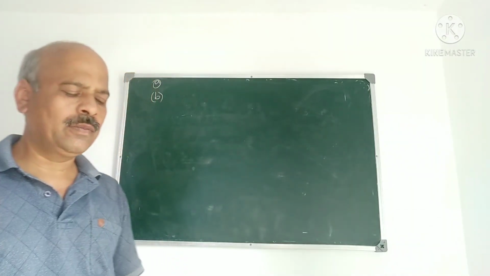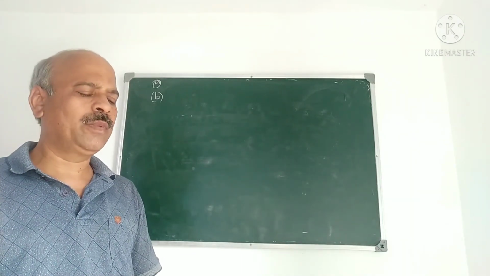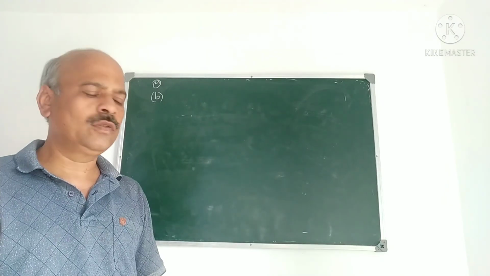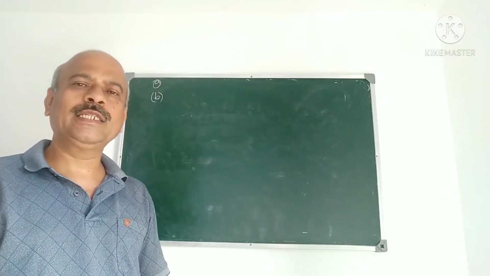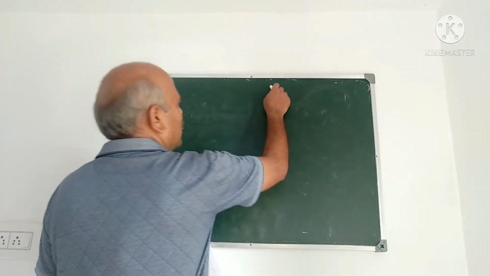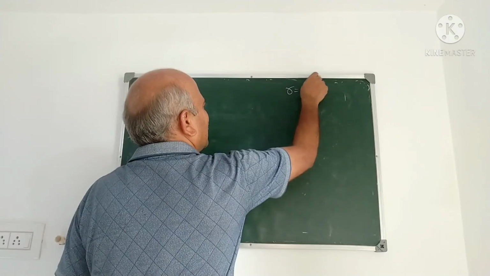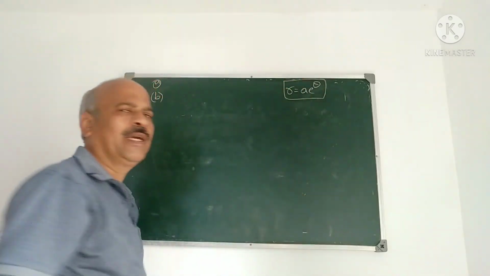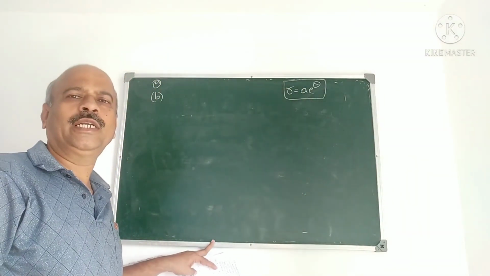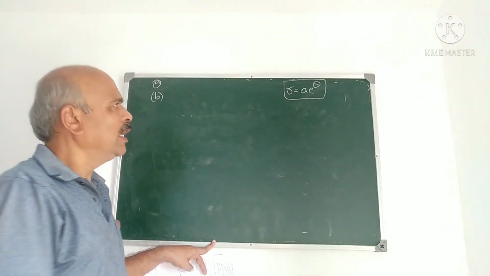I think you have taken down the problem. First part: the radial and transverse velocities of a particle are proportional to each other. Show that the path is an equiangular spiral. What do you mean by equiangular spiral? This is a standard curve. We know that r is equal to a e raised to theta represents an equiangular spiral. It is a standard curve that you studied in earlier semesters, in curve tracing.